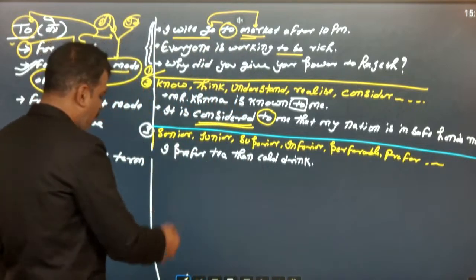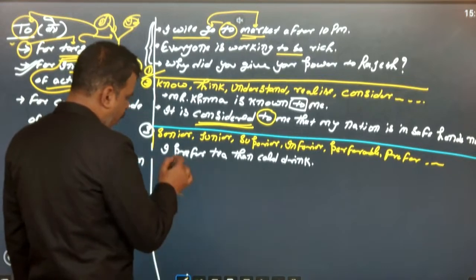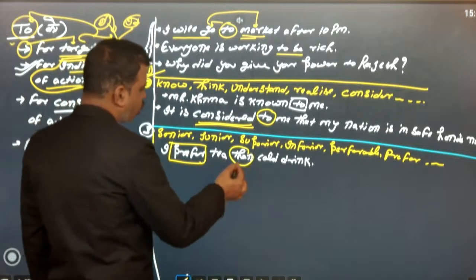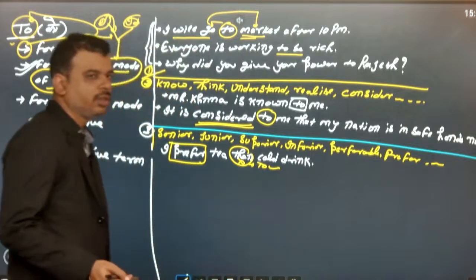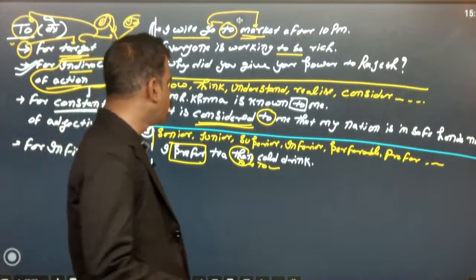If I prefer, it means I prefer. My preference cannot be changed, whether it is cold drink or lassi or rasmalai, whatever. So in this case, we go with to. Okay, I prefer tea to cold drink.